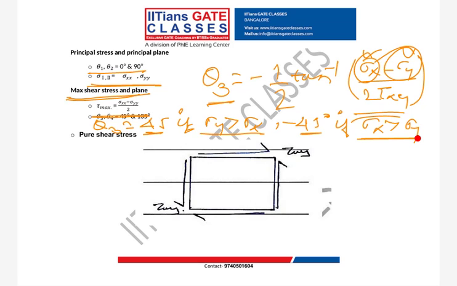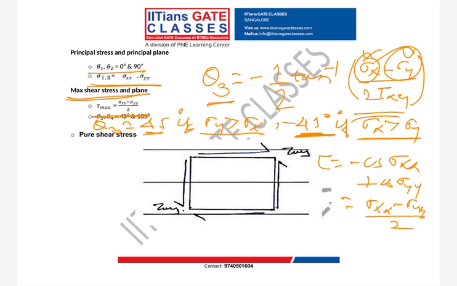Now, if it is minus 45 degrees, what do you get? What is your tau? My tau is minus cs sigma xx plus cs sigma yy. If it is minus 45, then this will be (sigma xx minus sigma yy)/2.